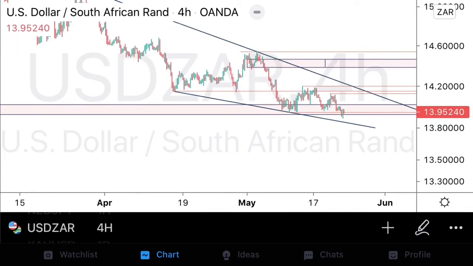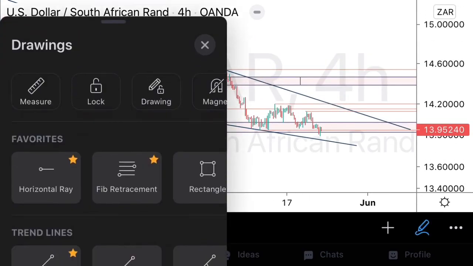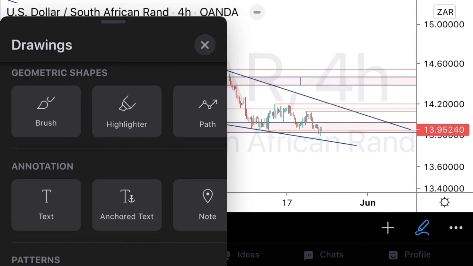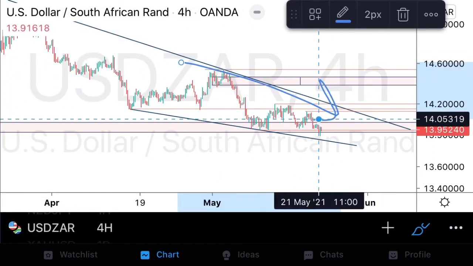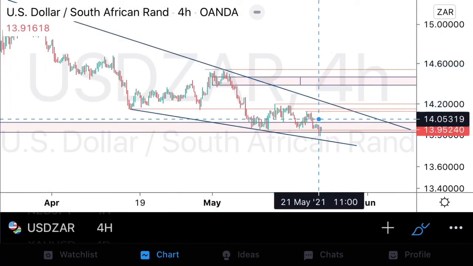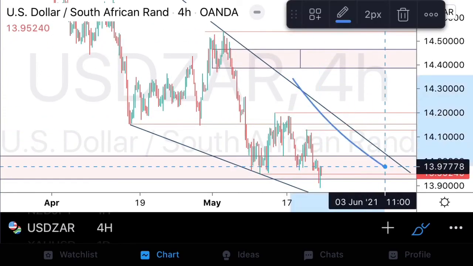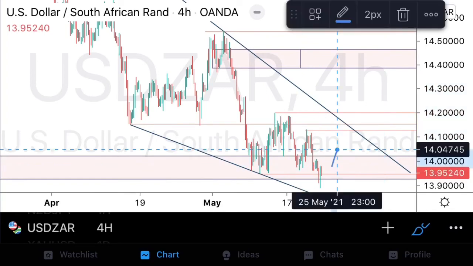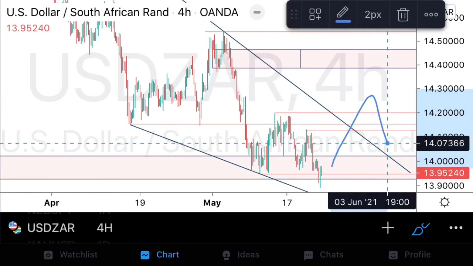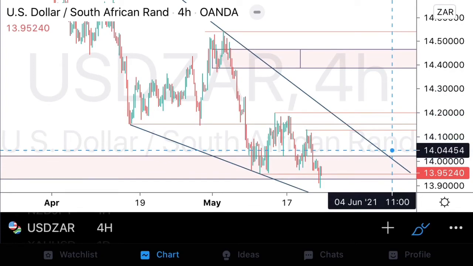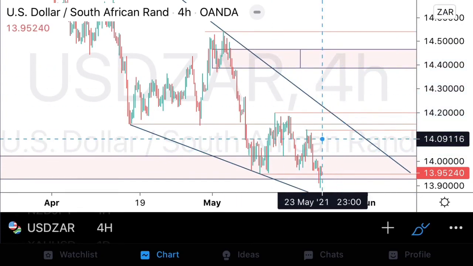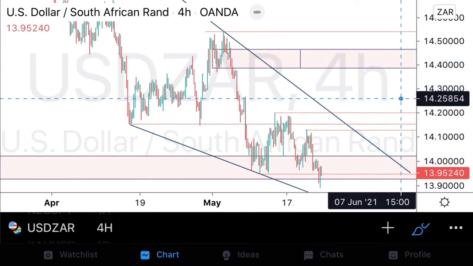USD ZAR. So we've established a resistance trend line over here, so that we can get an idea of the current downtrend that is being held on USD ZAR. We will understand that when this resistance trend line gets violated to the upside, we should be looking for continuations because the established downtrend has been violated to the upside.